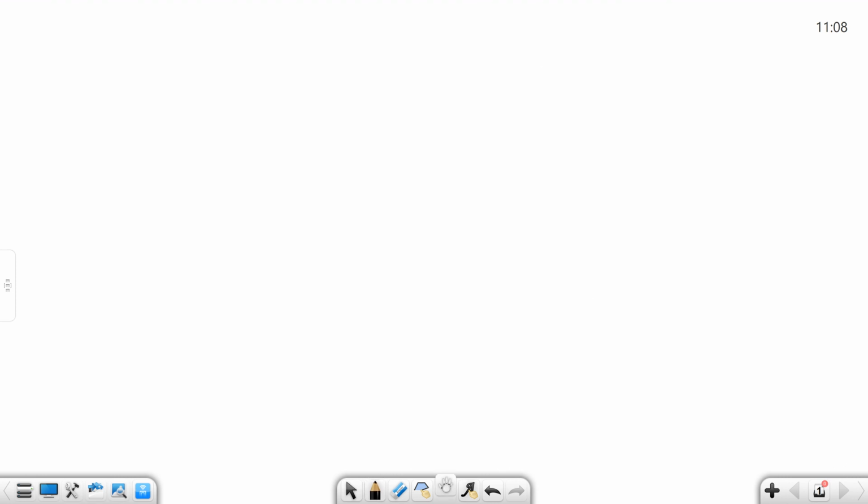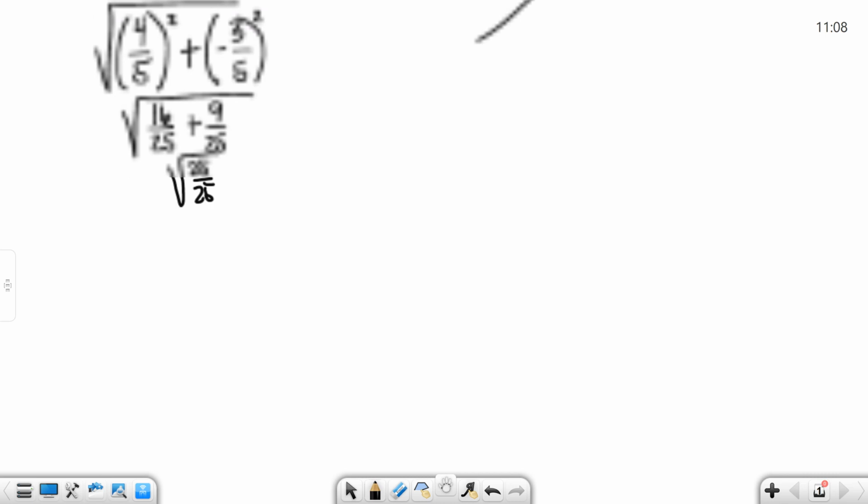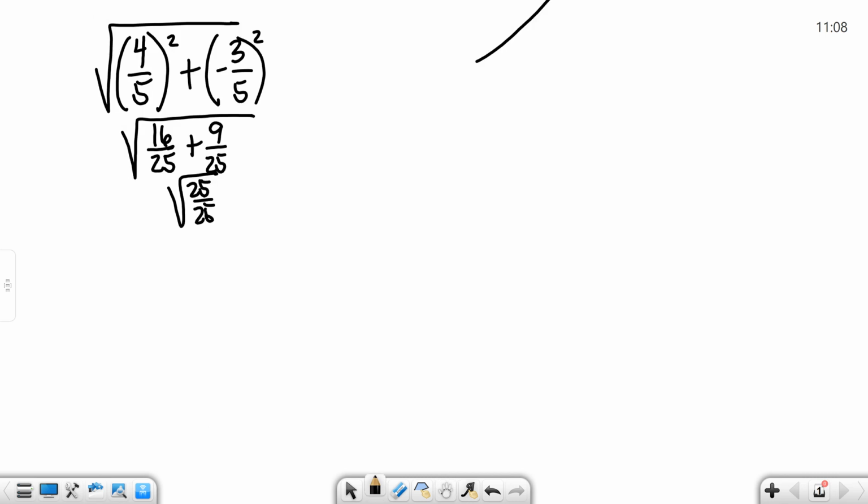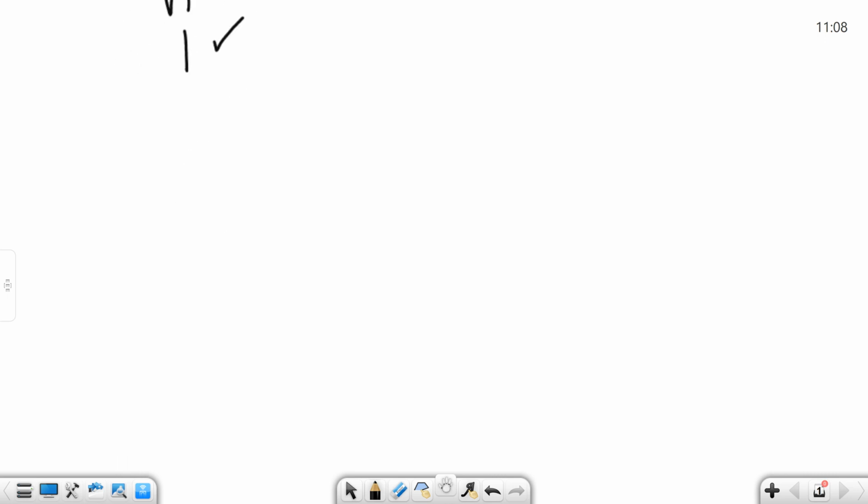So I end up with the square root of 1, which is 1. So we have just verified that its magnitude is 1. Make sure you do all the parts the directions may ask for.